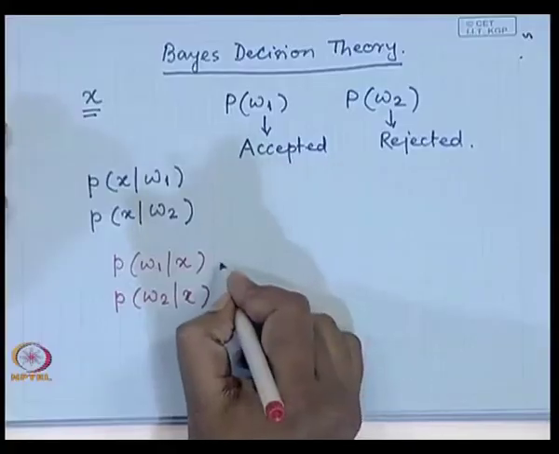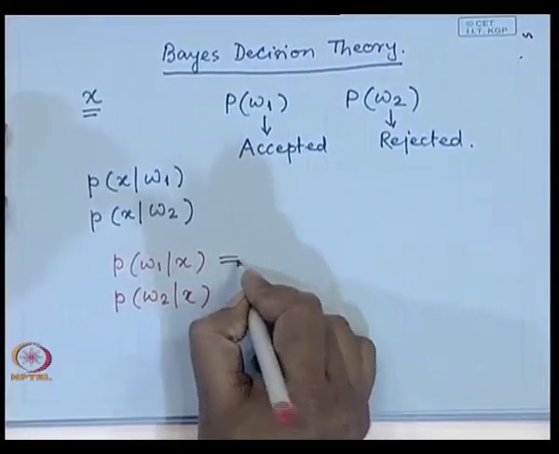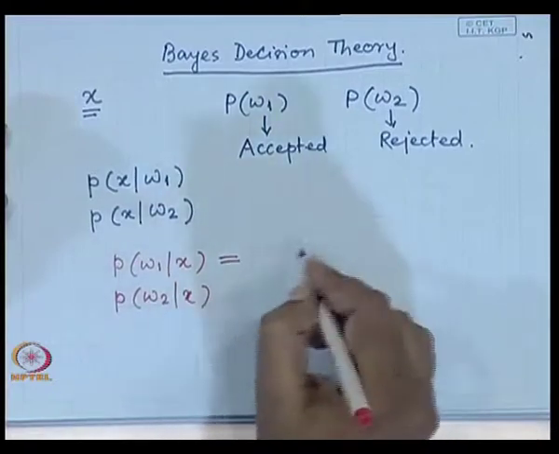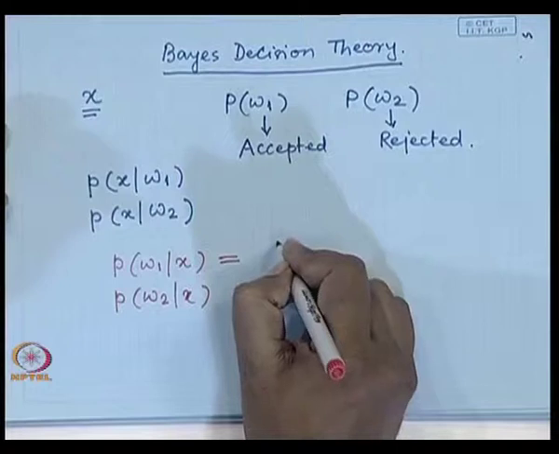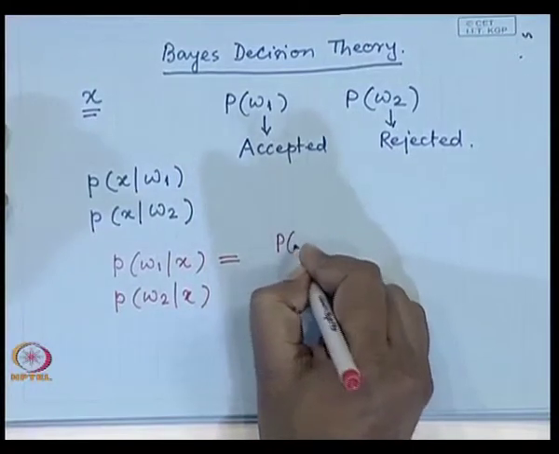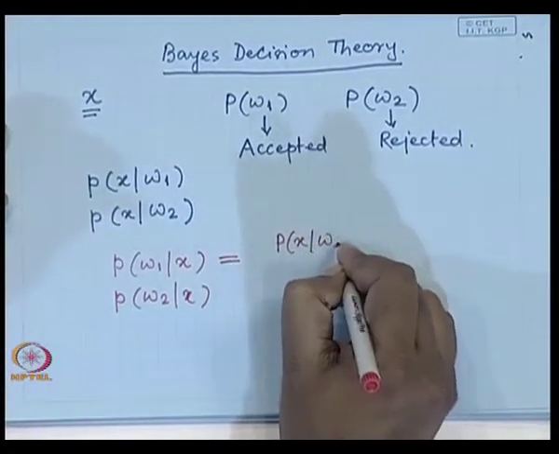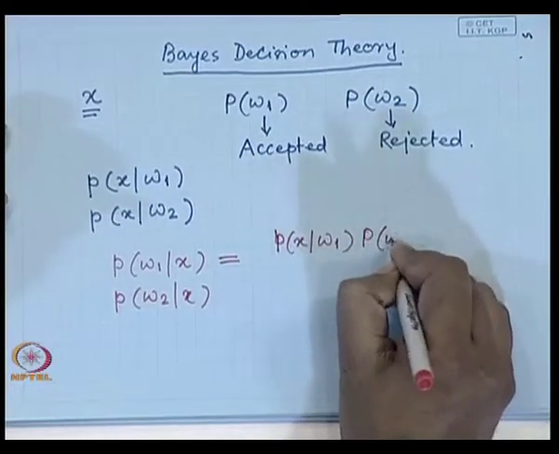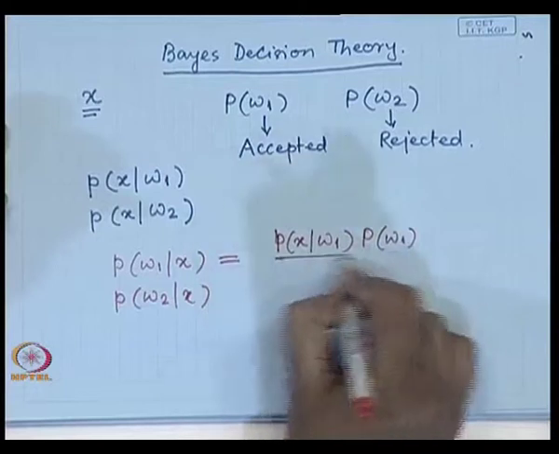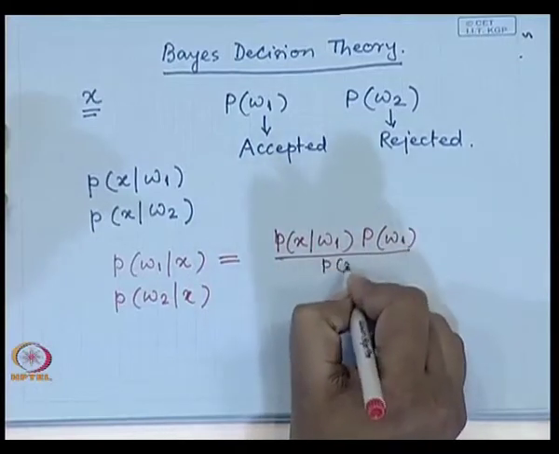So here, P of omega 1 given x, we have said from Bayes rule, is nothing but P of x given omega 1 into P of omega 1 upon P of x.